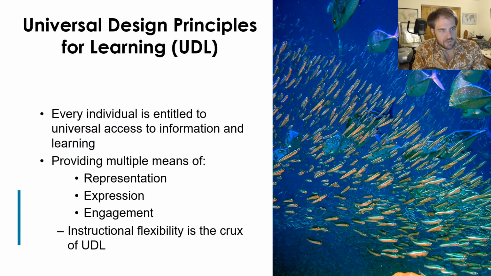All right. So there's also a couple of universal design principles that we should look at. These are usually abbreviated UDL, Universal Design for Learning. This is related to our research ethics and to our ASHA ethics that we've gone over.